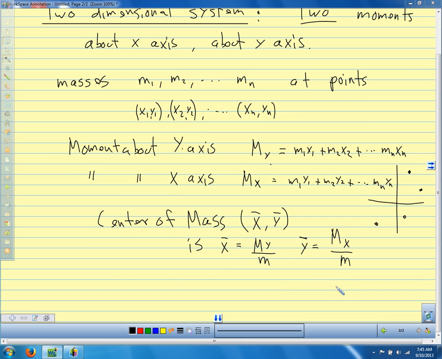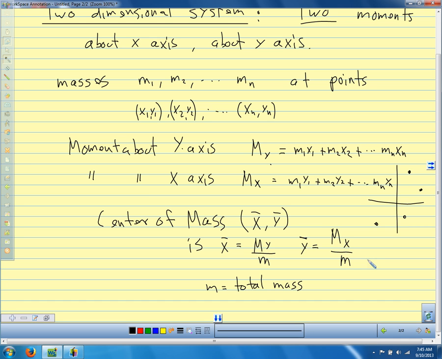So that would be the center of mass of the entire system. And again, m is the total mass. So if we have a two-dimensional system, we just take our points of mass, multiply them by their respective coordinates if we're looking for the x center of mass and y center of mass, and then we divide each of those by the total mass to give us our center of mass.